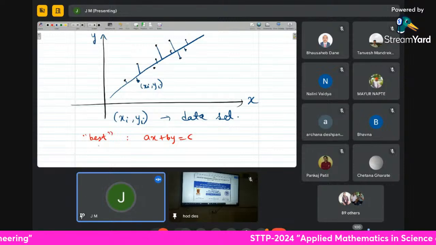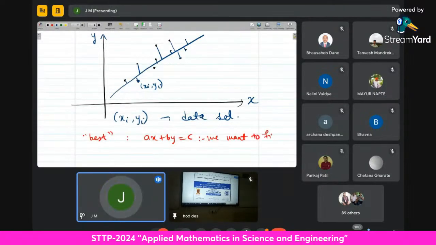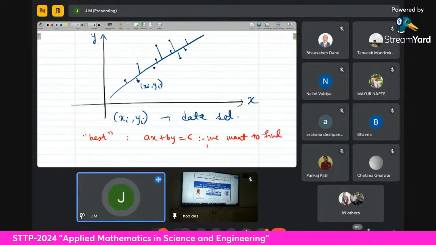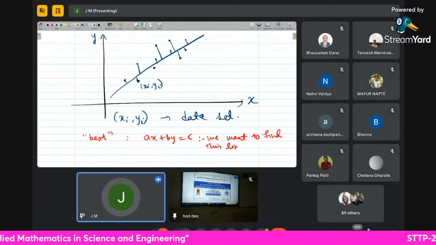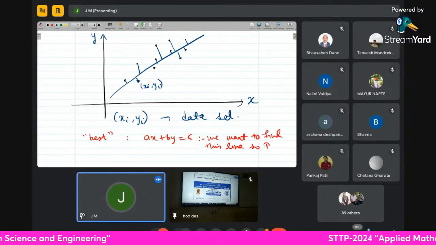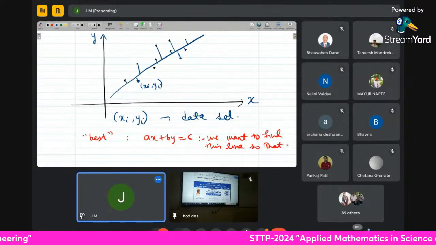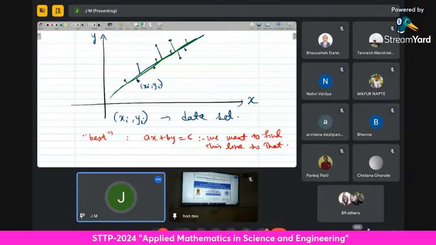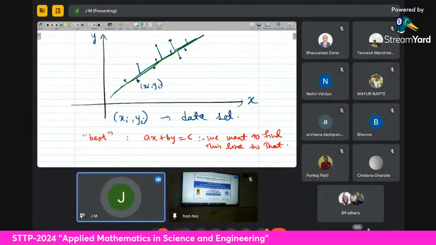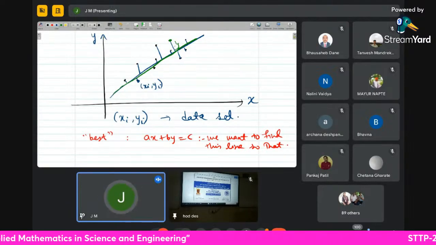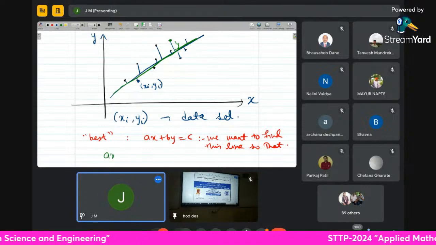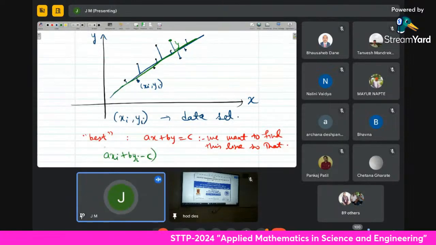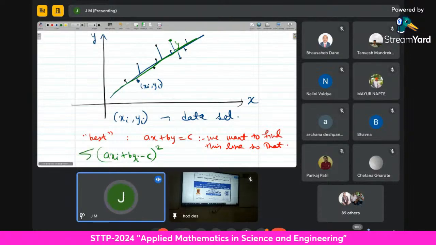We want to find this line so that when I substitute the xi, yi's into this equation, the error should be minimum. Meaning, if I take (a xi plus b yi minus c) squared and I sum it up.